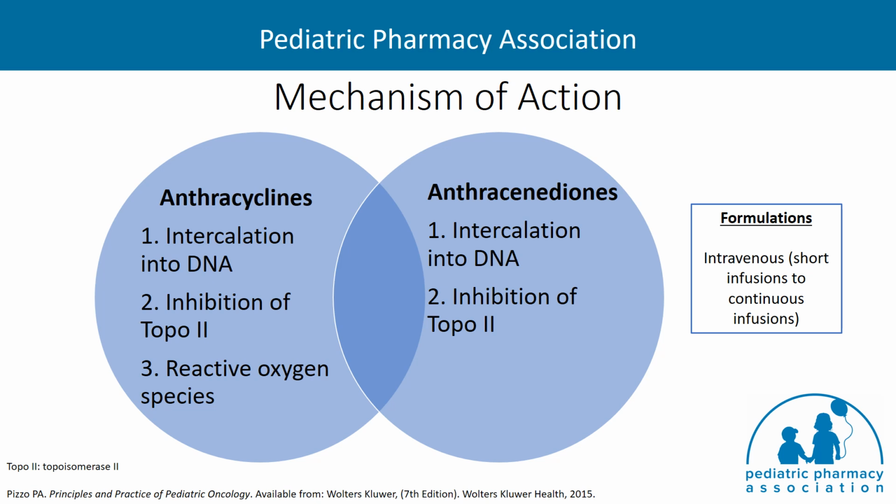For anthracyclines, such as daunorubicin, there are three main components to its mechanism of action. It includes intercalation into DNA, inhibition of topoisomerase II, which then ultimately results in double-stranded DNA breaks, and then the generation of reactive oxygen species, which then move forward and continue to cleave DNA as well as cell membranes.